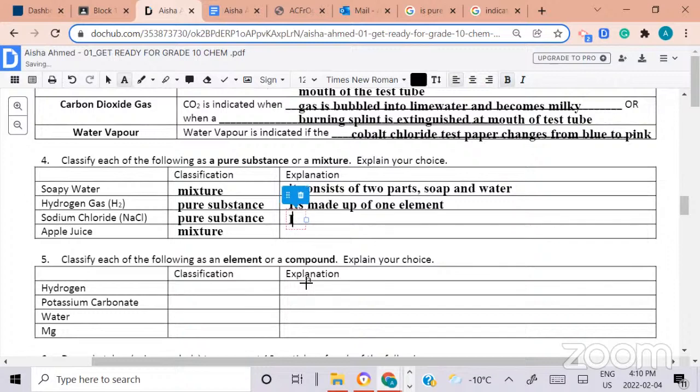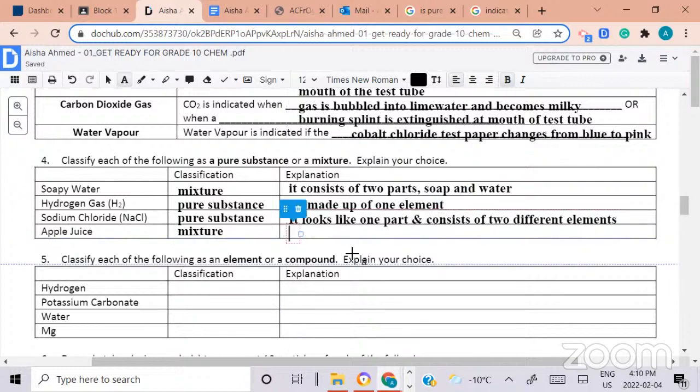So sodium chloride looks like 1 part, like 1 grain of sodium chloride. Yeah, so you can write that. It looks like 1 part, but consists of 2 different elements. Actually, write and instead of but, because we're just explaining the same thing.